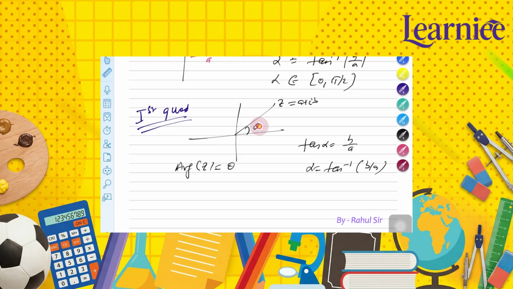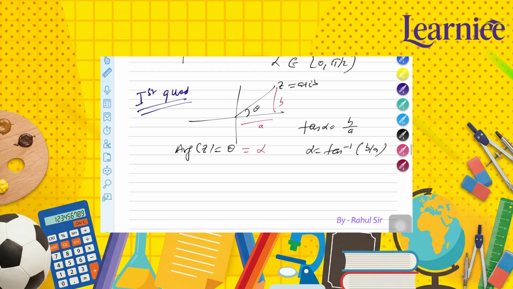In this case, this is the b, this is the a, so theta is also alpha. And how do we find alpha? Tan inverse b by a. So in the case of the first quadrant, the principal argument is nothing but tan inverse b by a, where b and a are both positive because they lie in the first quadrant.